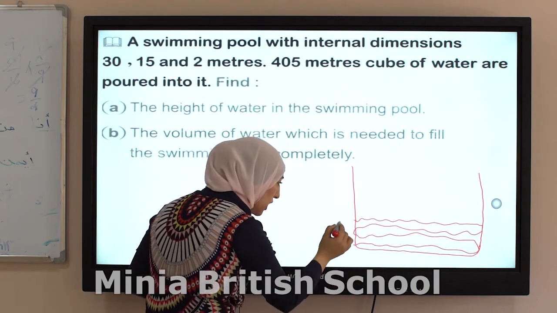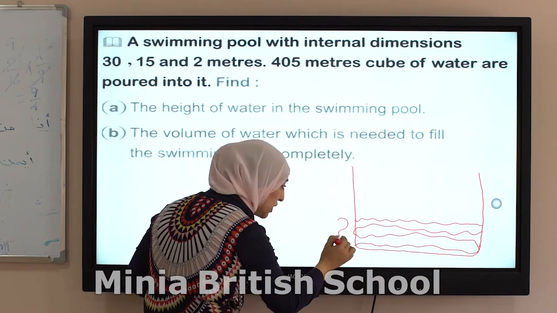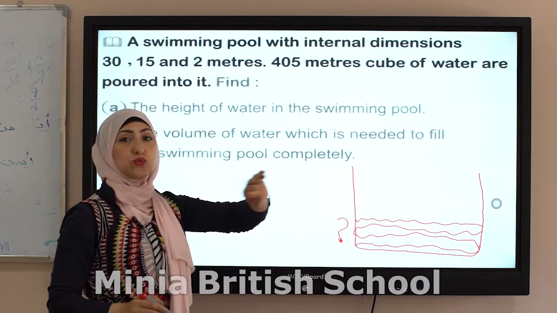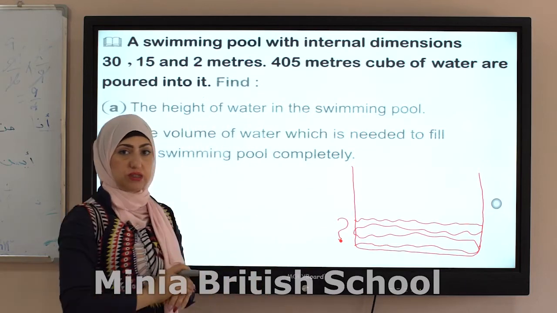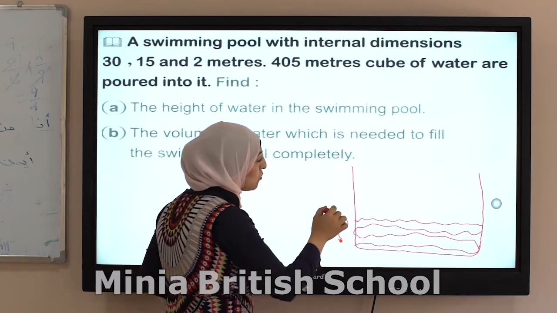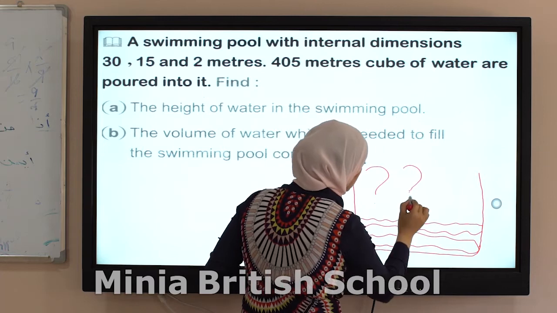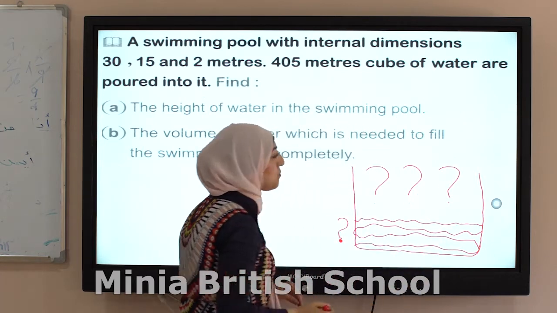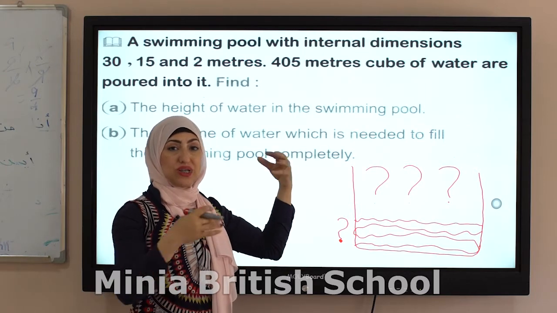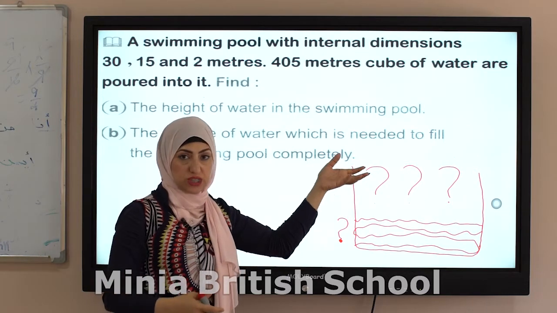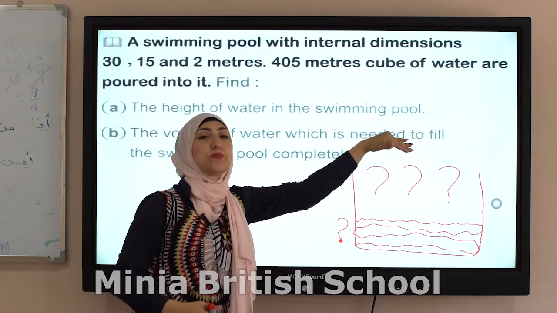I want the height. I know the volume of this water. I want to calculate the height of it. Then I want to know what is the volume of the water that I need to fill it completely.